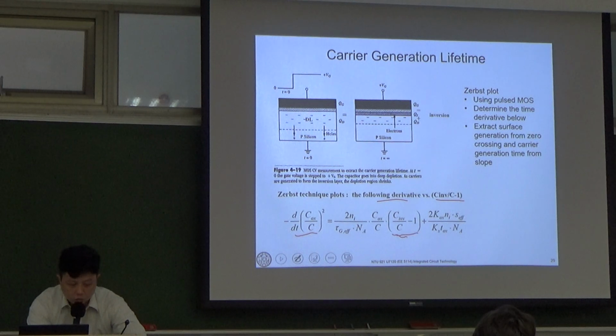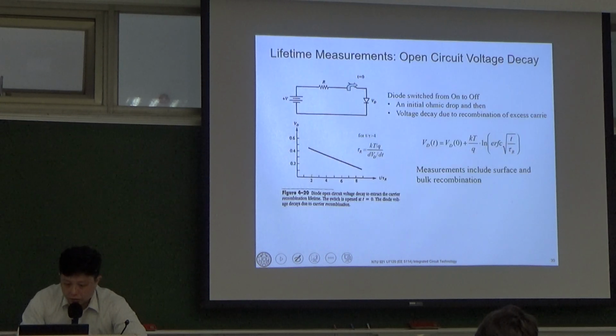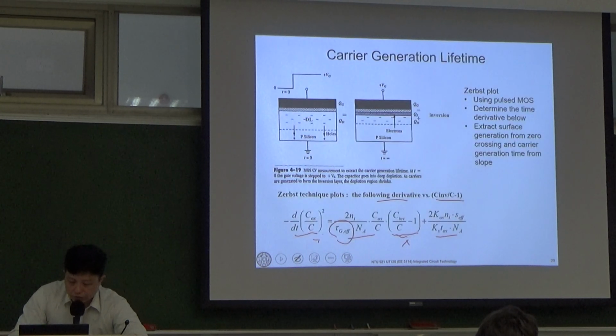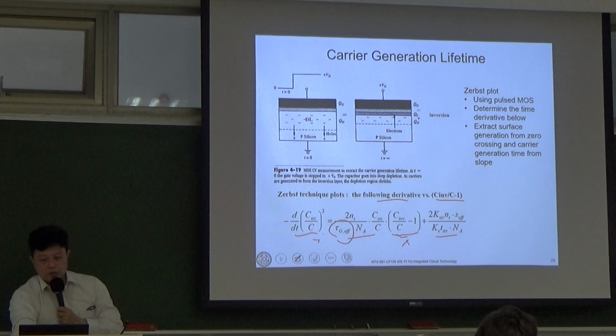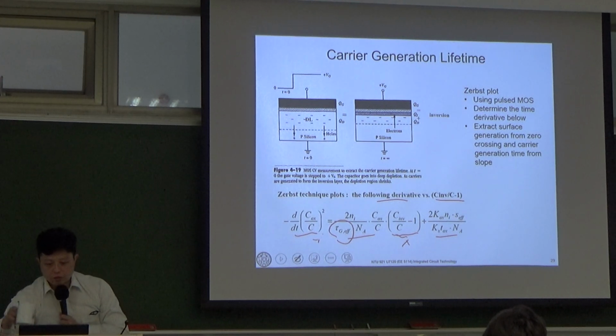This is Y, this is your X. You plot these figures, and this is the slope, this is the intercept. From this slope, you can get your effective generation time. So you can plot this Zerbst plot from your CV.